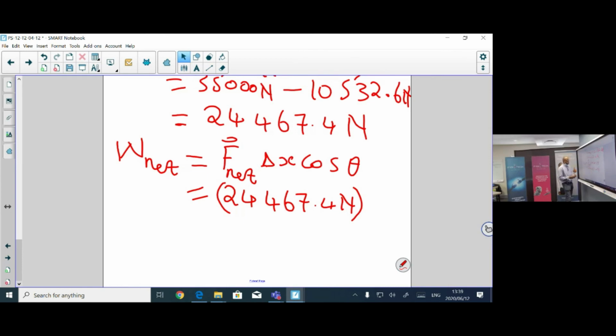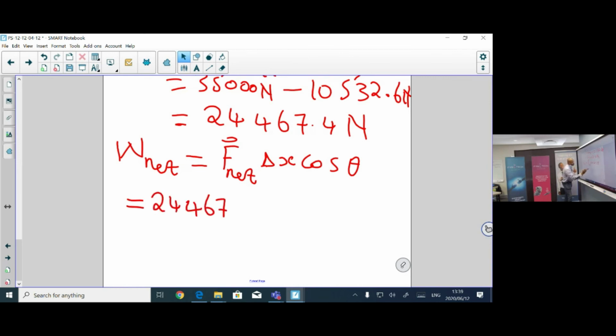It's not that clear, so let me redo it. We have to say this is equal to 24,467.4 in newtons, close bracket, open bracket for our displacement.